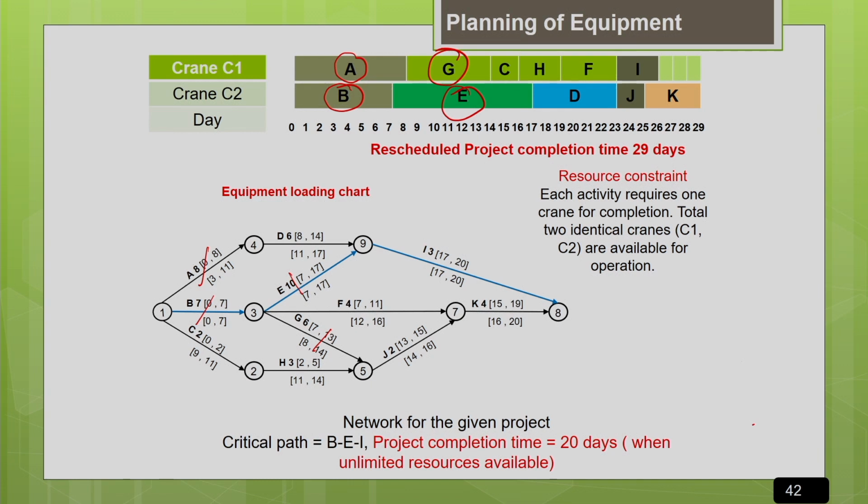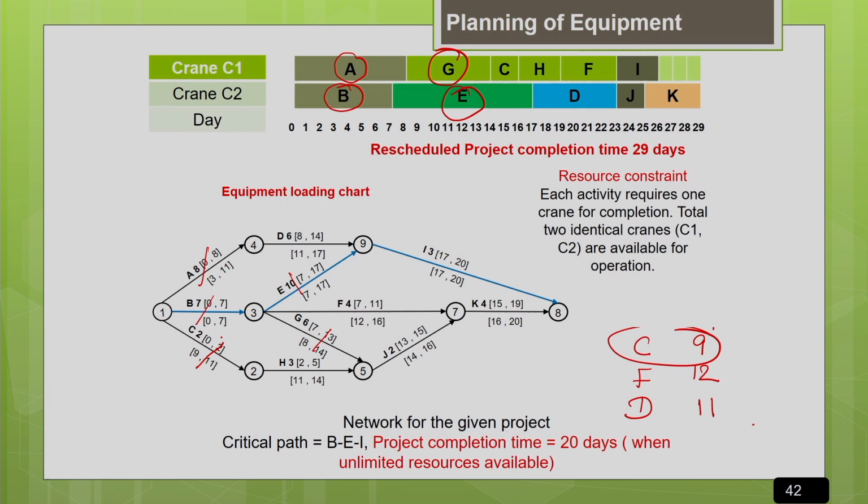So now after G which is eligible, you can see that, and already C is waiting, F is also waiting, D is also waiting. So now compare the latest start time. C, the latest start time is 9 and F, the latest start time is 12 and D, the latest start time is 11. So the minimum you can see now is for C. So now do the allocation for C.